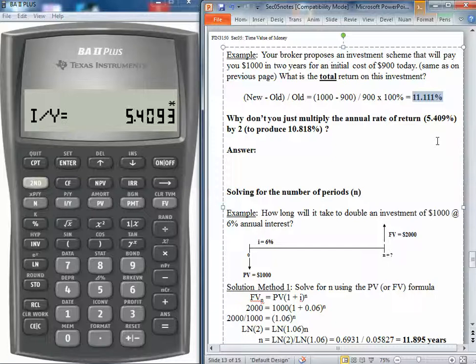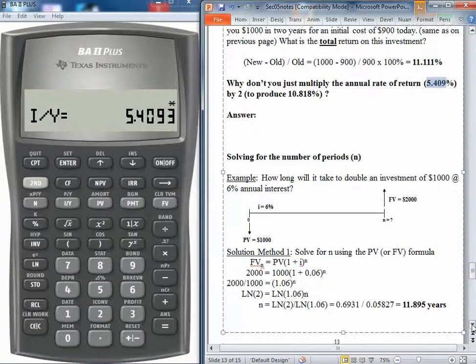Dividing that by 2, we would get something more than 5.049%. The 5.409% takes into account the effects of compounding. I would be getting 5.409 the first period, but then also the same interest rate on the interest collected the second period.